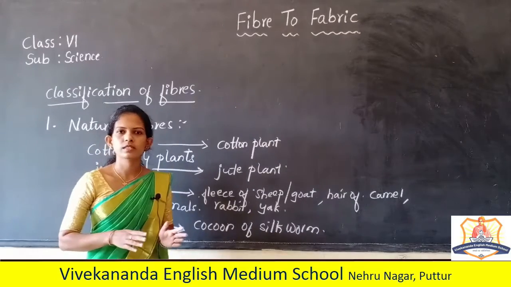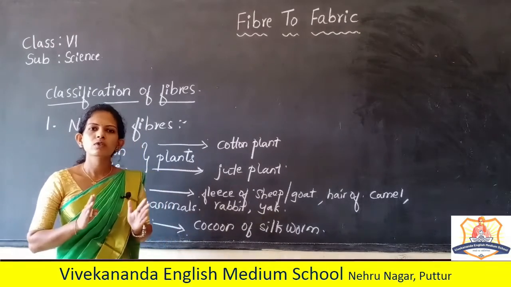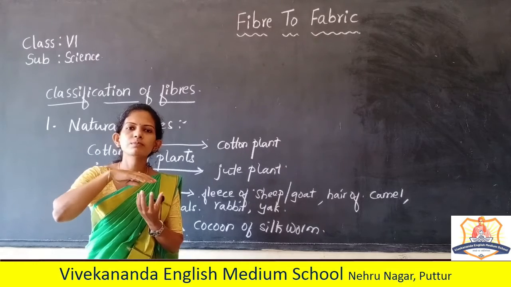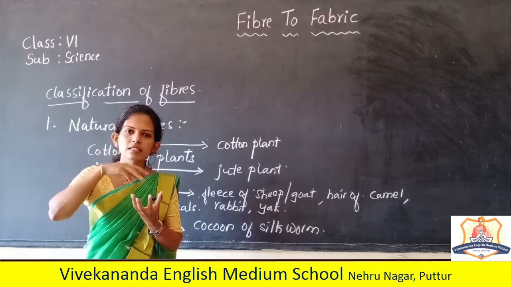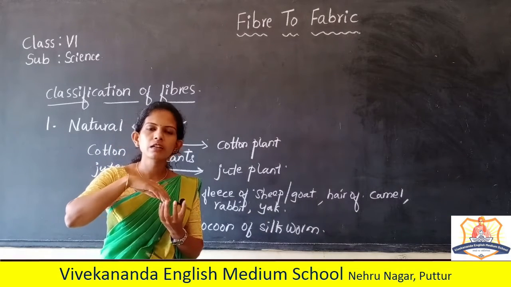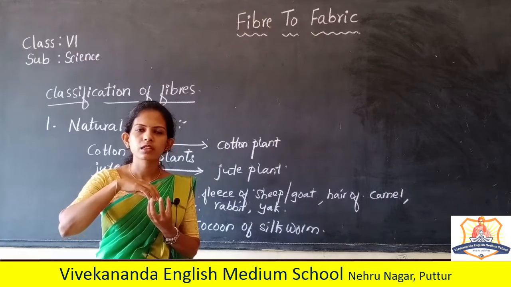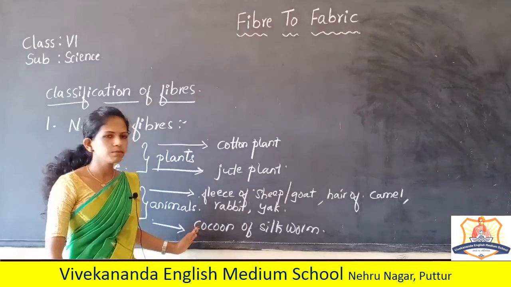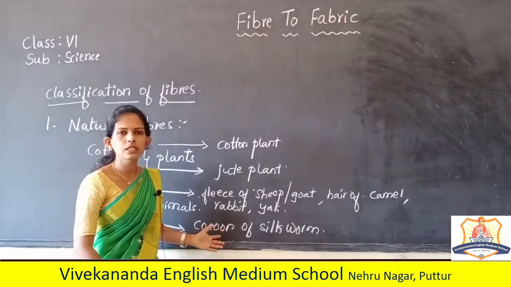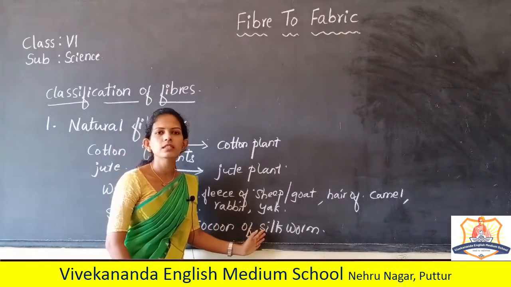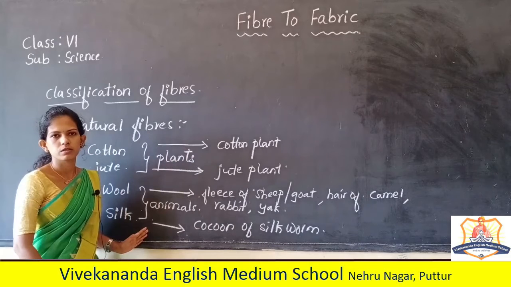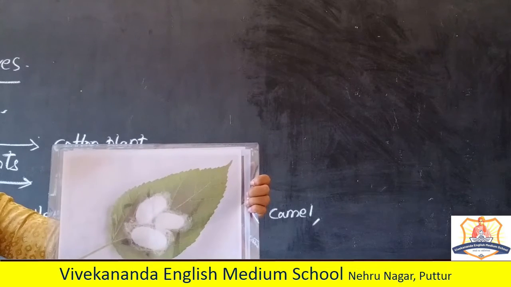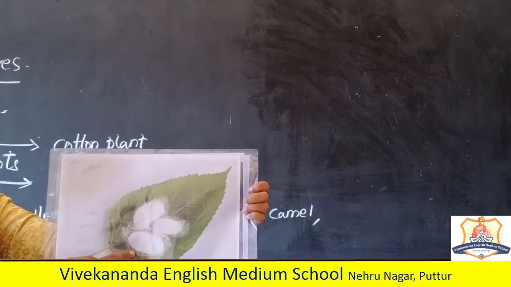What is this cocoon? We'll see that. The silkworm covers itself in a web-like structure. That is called a cocoon. Understood? From this cocoon, the people separate the silk fibers. See here, this is a cocoon.